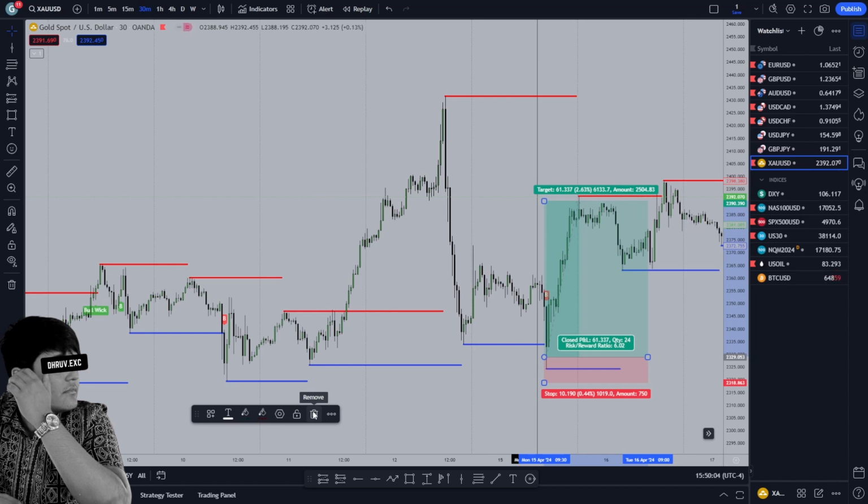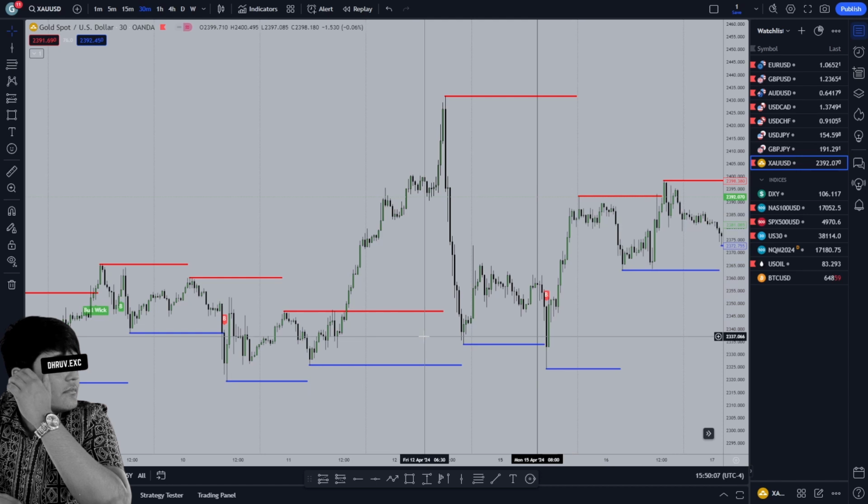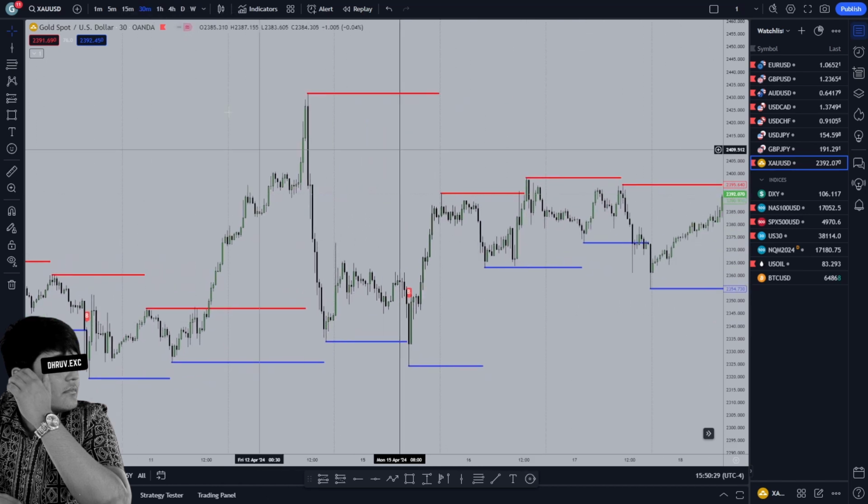Now I think you understood what the strategy is, when to use it, what the indicator name is, and that you use it during the kill zones. You can use it on any time frame you want. You can use this strategy or this indicator on anything, or you can use some other indicator which suits you.